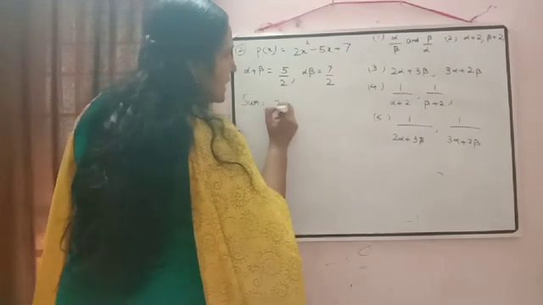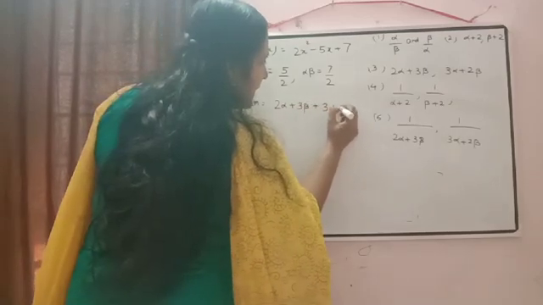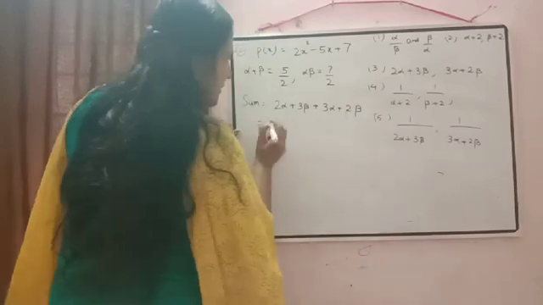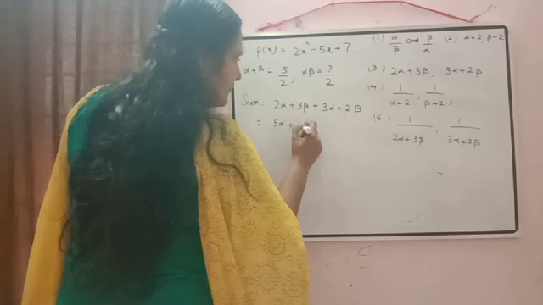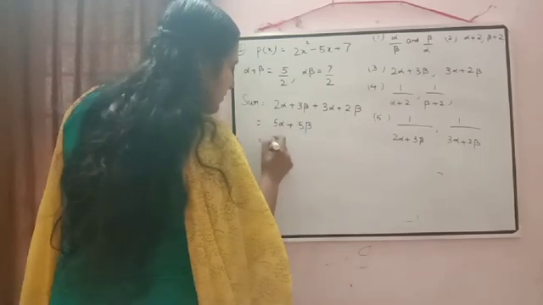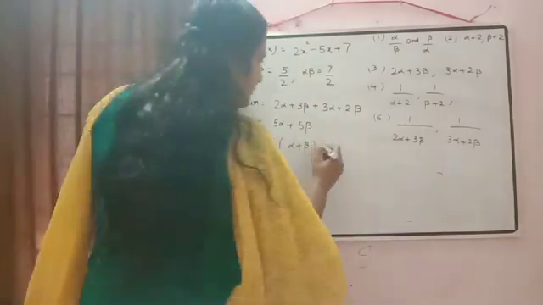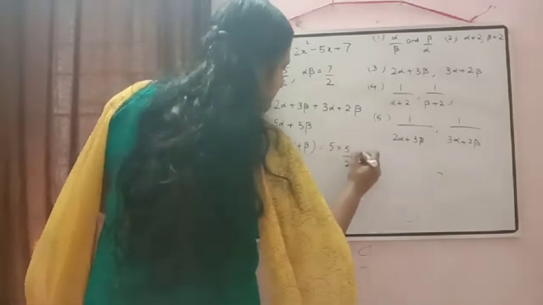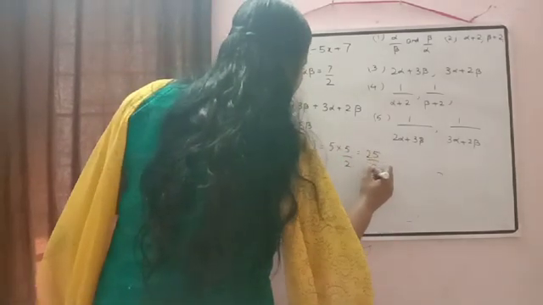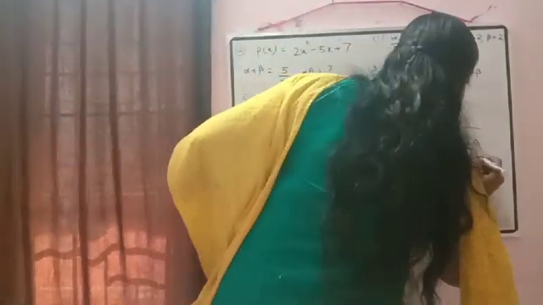So sum of the zeros, add the two zeros, 2 alpha plus 3 beta plus 3 alpha plus 2 beta. 2 alpha plus 3 alpha will be equal to 5 alpha plus 5 beta. 5 we can take common, inside the bracket it will be equal to alpha plus beta, and we know the value of alpha plus beta, that is 5 by 2. So we will get here sum will be equal to 25 by 2. So here I am writing, we got the sum is equal to 25 by 2.